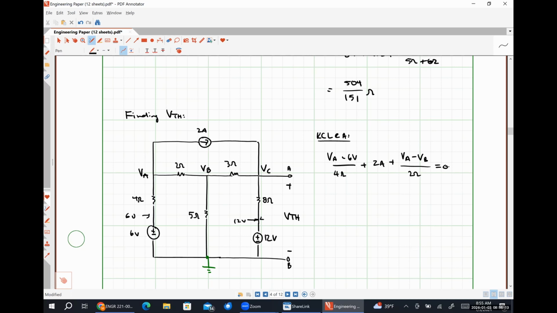KCL at node B is going to look like VB minus VA over 2 ohms, plus VB over 5 ohms, plus VB minus VC over 3 ohms.